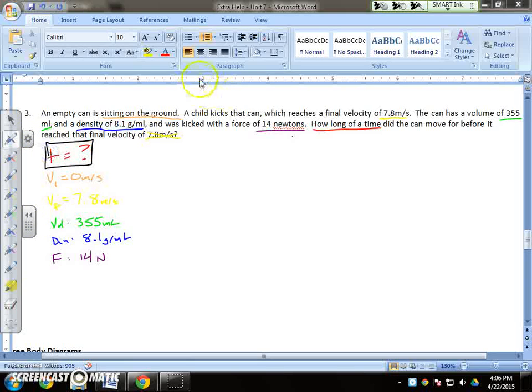We have two basic equations that have time in it. V, velocity equals displacement divided by time. And we've got acceleration equals VF minus VI all over time. I have not been given distance or displacement, and I have not been given velocity. I have, however, been given initial velocity and final velocity, so I figure this is as good a place to start as any. If it doesn't work, we could start over and try the other one.